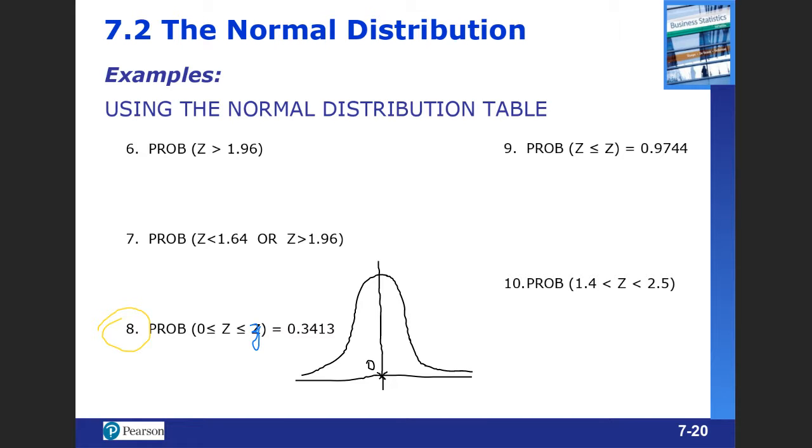You're told that between 0 and some number, which we don't know, this is the unknown number, and we're going to call that unknown number lowercase letter z, that area you're told already is 0.3413.